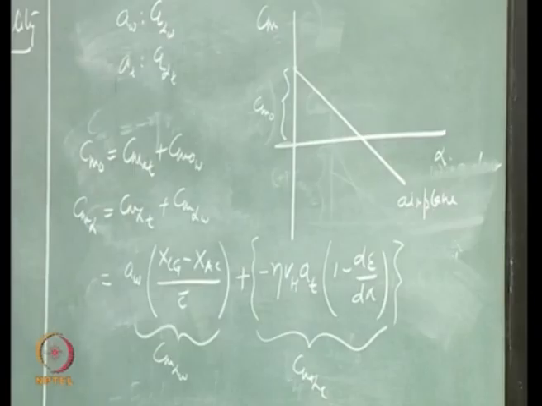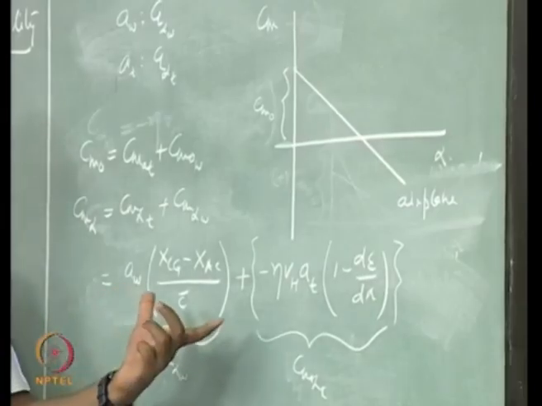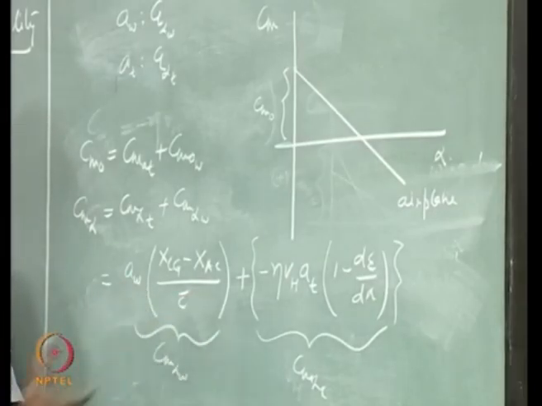Only the wing plus tail configuration. We are not yet talking about controls, okay. Just look at this formula. What is it that may change in a flight?